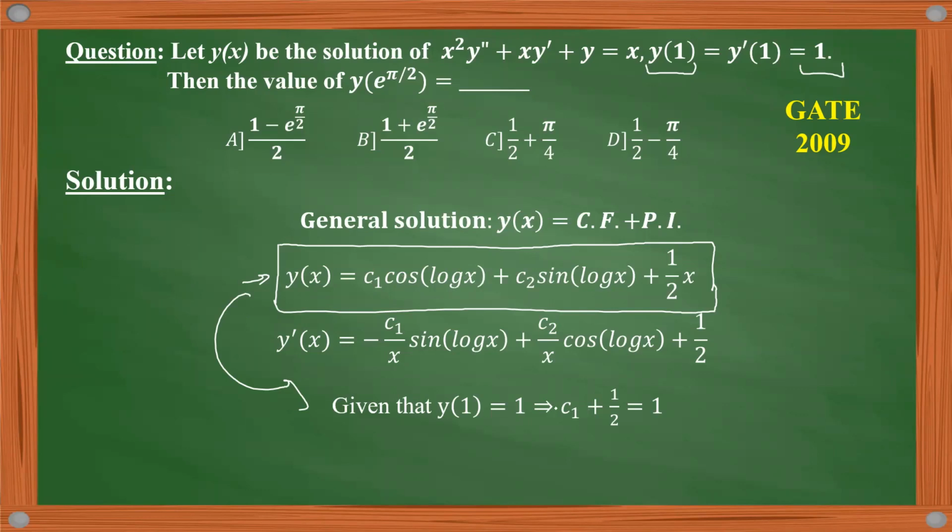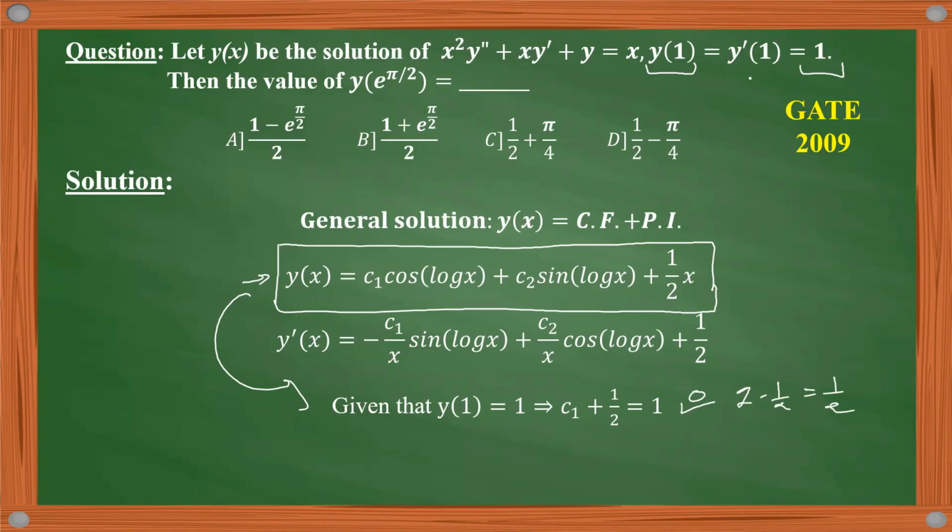So it is c1. Then this part will be 0 because log 1 is 0 and sin 0 is again 0, and x is equal to 1, so it will be 1 by 2, that is equal to 1. So this is our first relation, or we can say that we have got the value of c1, that is equal to 1 minus 1/2, and that is equal to 1/2.